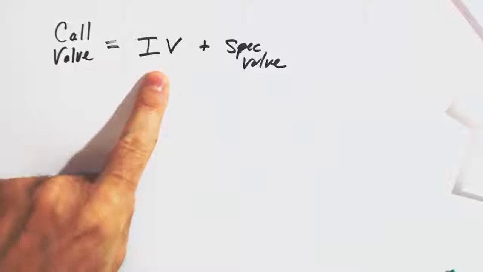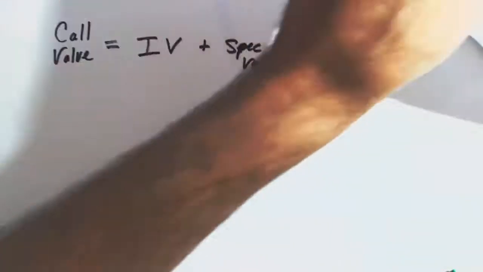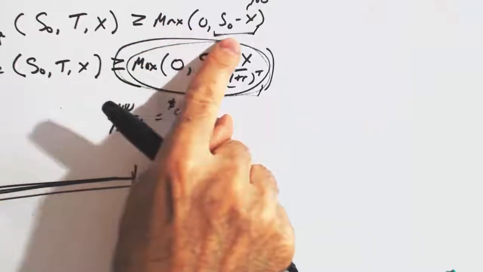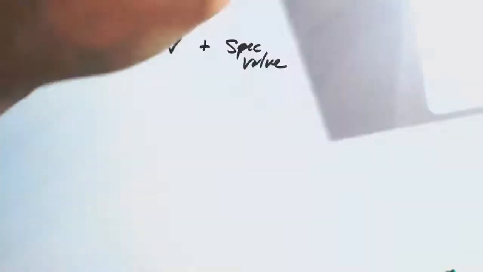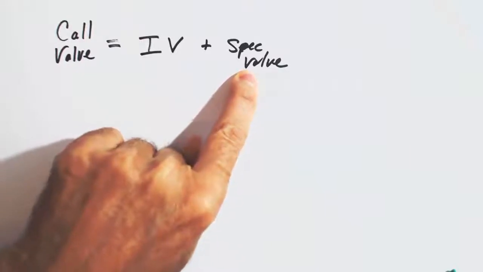There's the intrinsic value, which we've been working with, and then whatever is left over is the speculative part of the value.